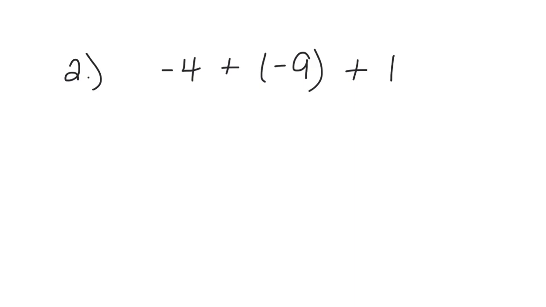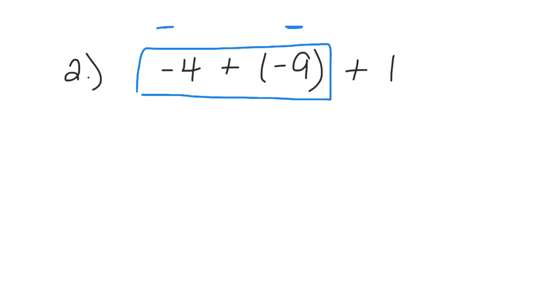Here is number 2. Negative 4 plus negative 9 plus 1. Now, I usually like to group things together, but here, if I work left to right, that's also going to be grouping. These are my like signs. And when I say like signs, I mean this one's negative and this one's negative. So according to my rules for adding integers, same sign add.